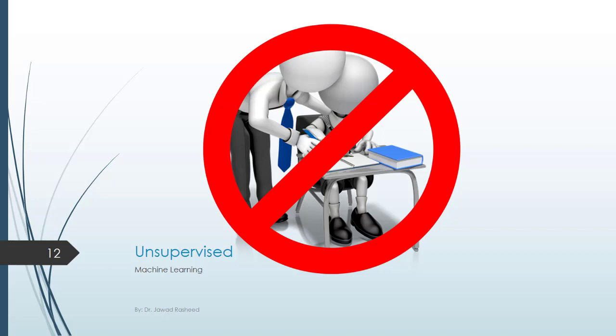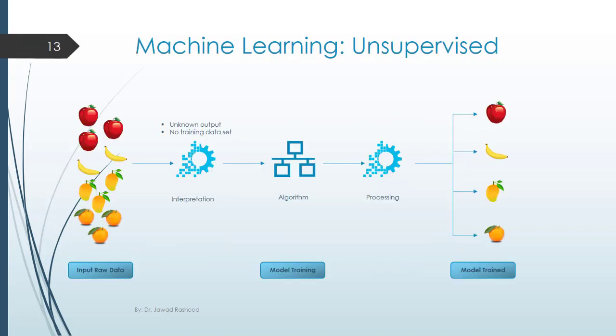The goal of unsupervised learning is to model the underlying structure or the distribution in the data in order to learn more about the data. Let me rephrase it in simple terms. In the unsupervised learning approach, the data instances of a training dataset do not have an expected output associated with them.